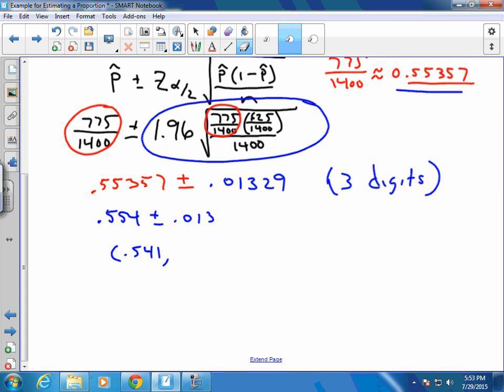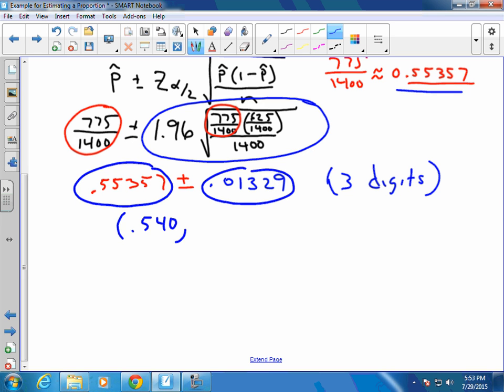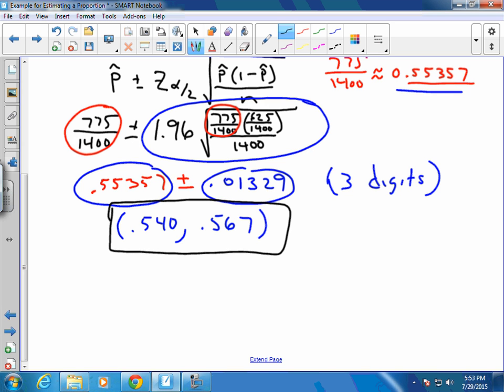So again, you're always better off not rounding until the end. So 0.540, if you take this number, subtract this number. Now if we do the addition, it looks like it's going to be 0.5667, so 0.567 if we round that off. So that would be, if we were going to round it off to 3 decimal places, my confidence interval for the unknown population proportion here.